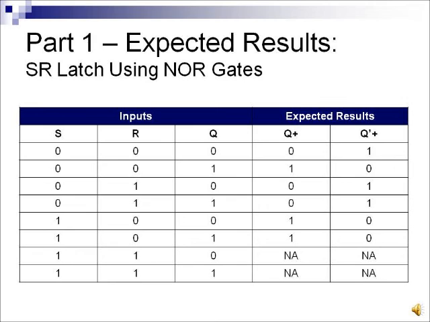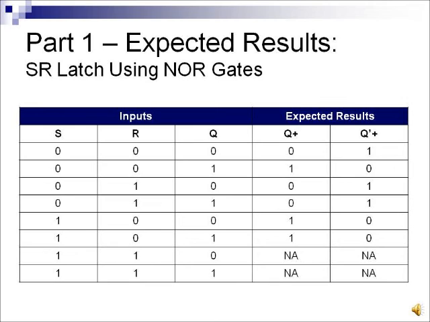In part 1 of the lab, we examined an SR latch that was constructed using NOR gates. We first used a transition table to determine the expected outputs for each input combination. The transition table is similar to a truth table, but it reflects the change or delta in the output state as Q+.